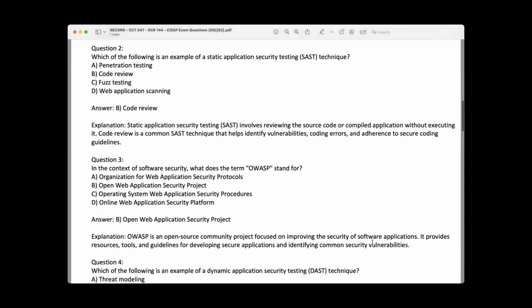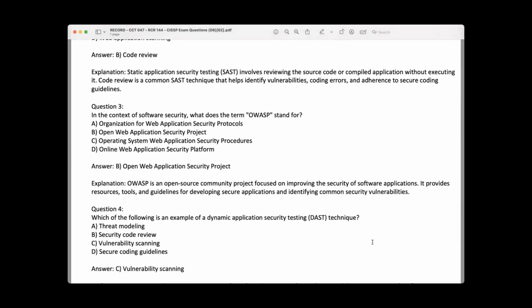Question 3. In context with software security, what does the term OWASP stand for? Organization for Web Application Security Protocols, Open Web Application Security Project, Operating System Web Application Security Procedures, or Online Web Application Security Platform. So what does the term OWASP stand for? I'm not going to read all those again, but you can see the video of it online.